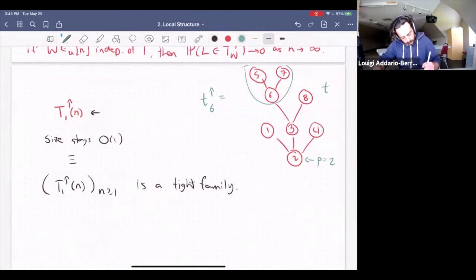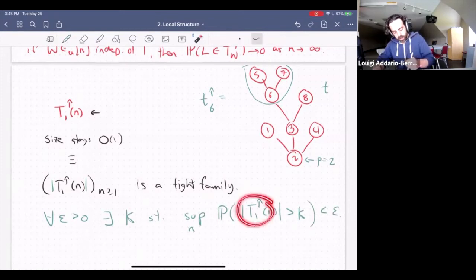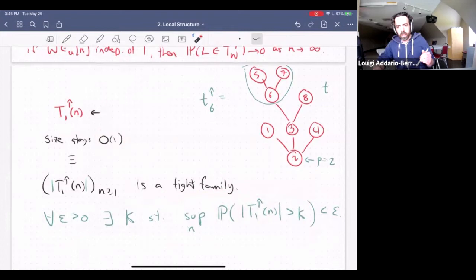It means that if I fix any positive epsilon, there exists some k such that for any one of these random variables, the probability that the size of that subtree is bigger than k is less than epsilon. So it's not saying that the sizes are deterministically bounded, but they're stochastically bounded. The probability of them being bigger than something can be made as small as you like.